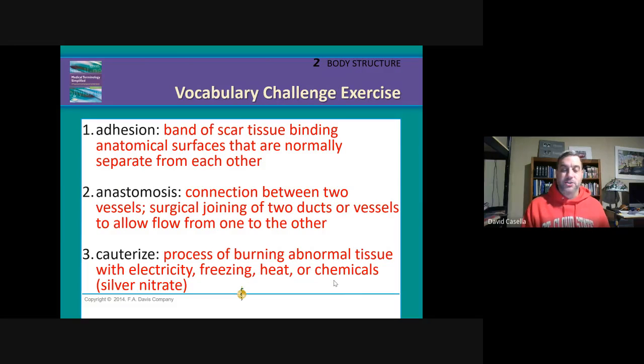Now we can get into understanding some vocabulary terms: adhesion, anastomosis, cauterize. Now I'll tell you something about this. These are terms they always like to use in Grey's Anatomy. So if you watch Grey's Anatomy, you'll see those terms. They love to say anastomosis. They don't oftentimes know what that means. You can learn just by reading the vocabulary term.